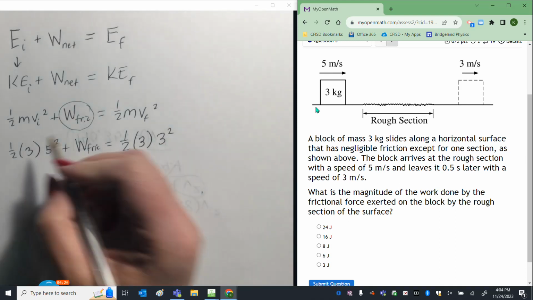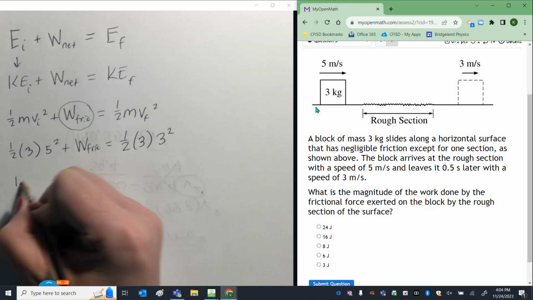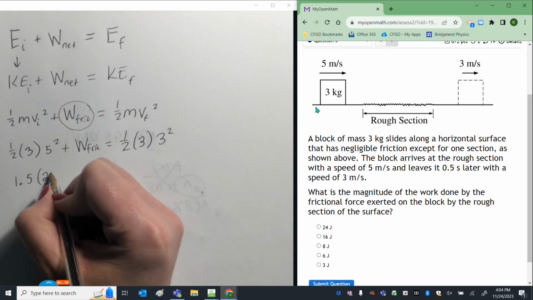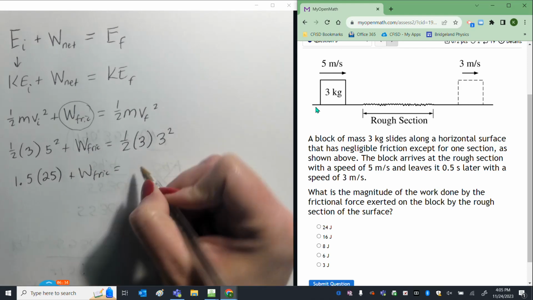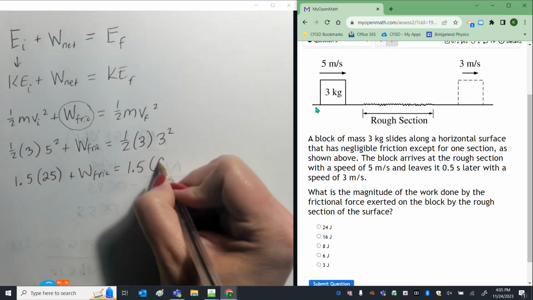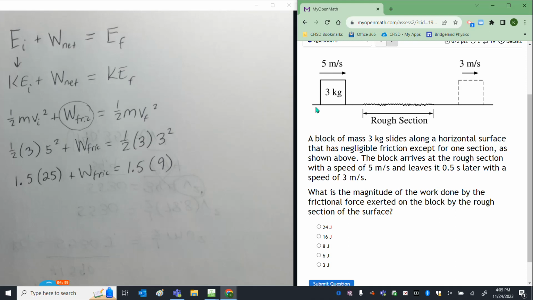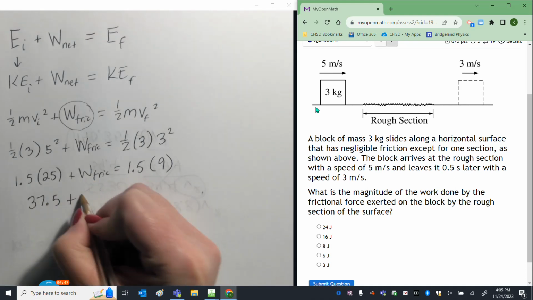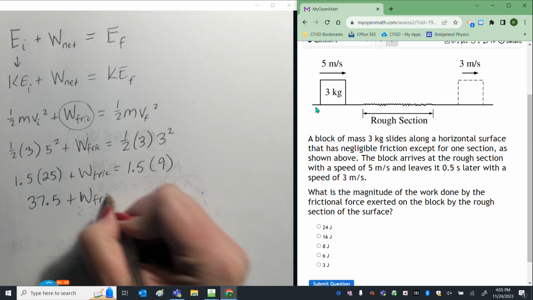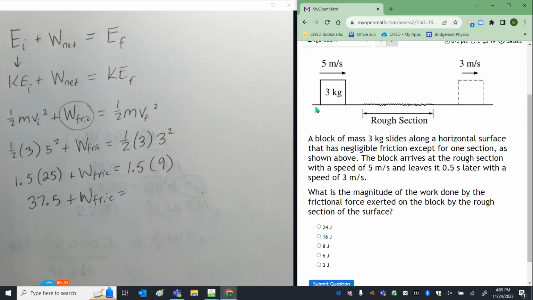So this is going to become 1.5 times 25 plus the work done by friction equals 1.5 times 9. So let's go ahead and figure out what 1.5 times 25 is. That's 37.5. And then 1.5 times 9.